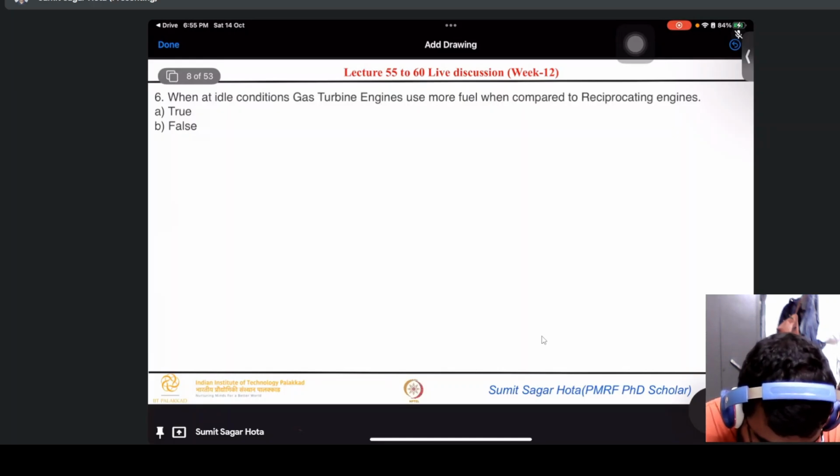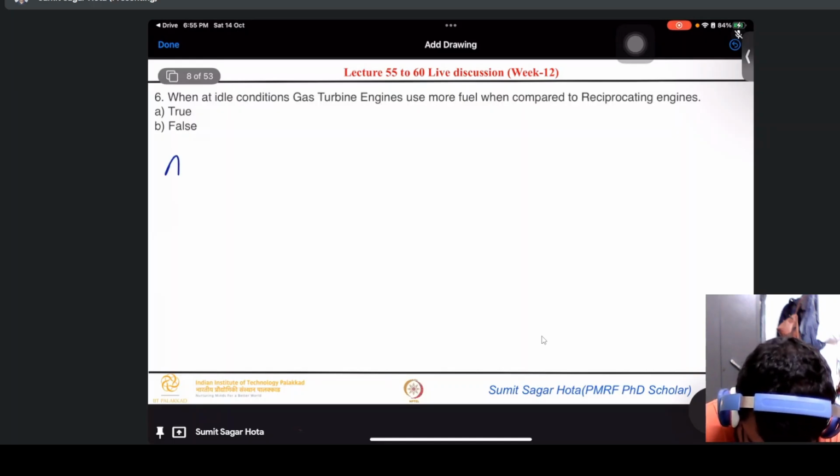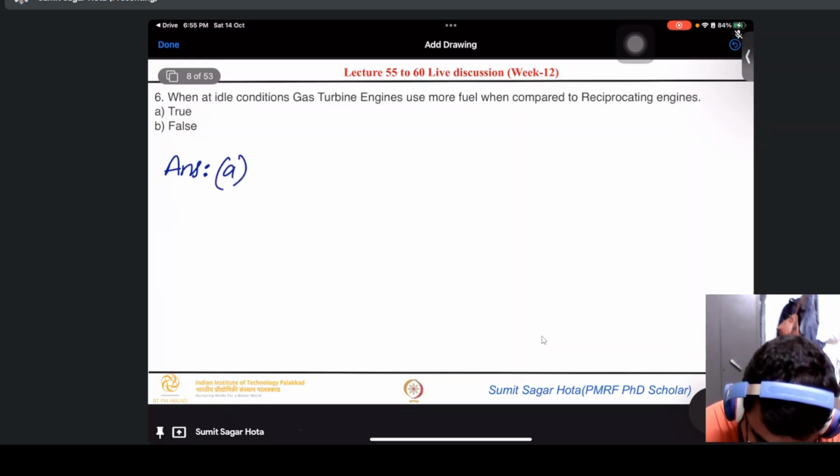At idle condition, a gas turbine engine uses more fuel when compared to reciprocating engines. A is true.